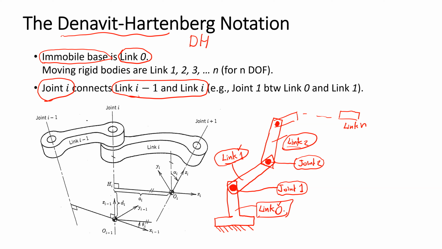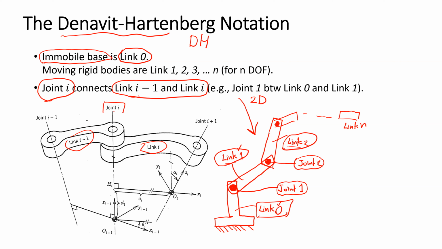The schematic here is easy to understand because it's on the 2D plane. But if we draw a structure in 3D, it will increase the complexity, but the idea is still the same.